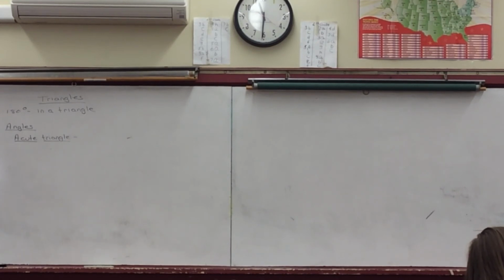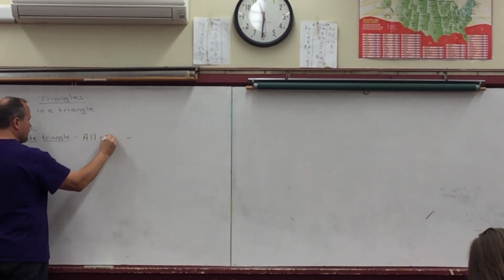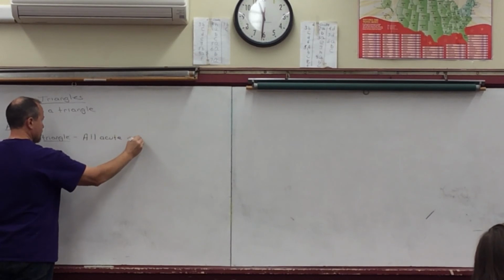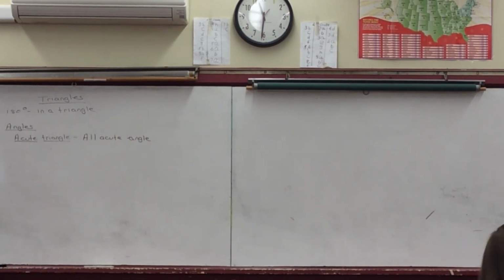Now, in an acute triangle, that means all angles are acute angles. I always think the easiest way to remember what an acute angle is, typically we think of little babies as being acute. Okay, so acute angles are all angles less than 90 degrees.